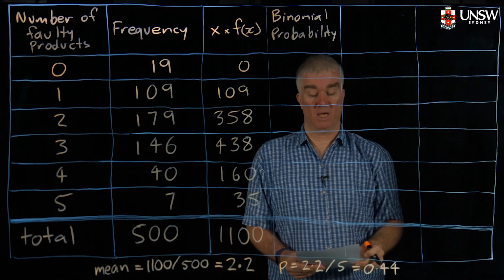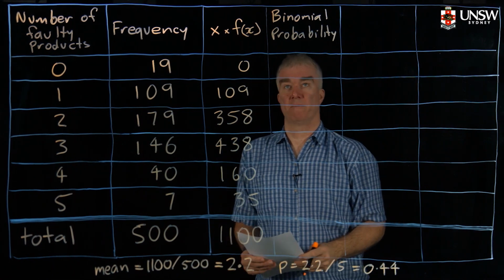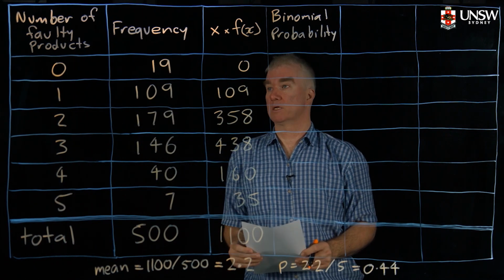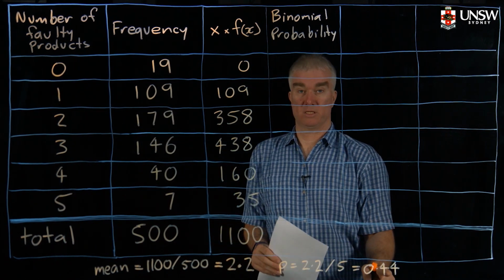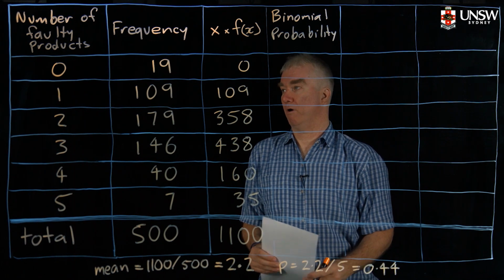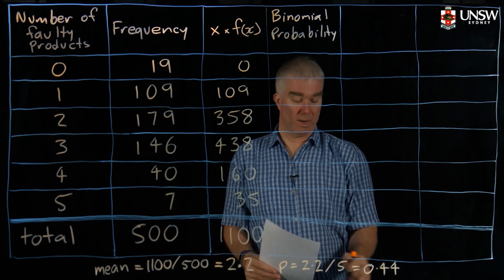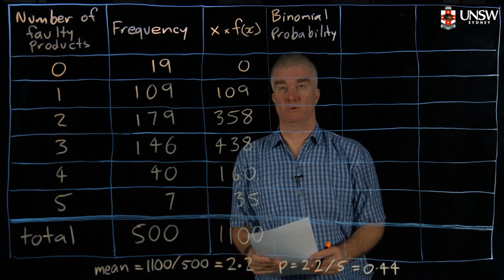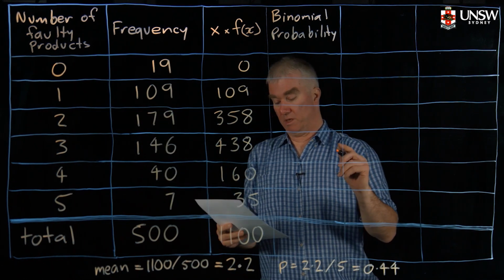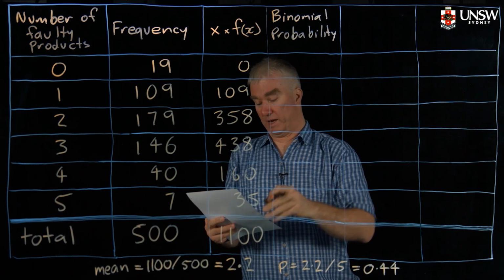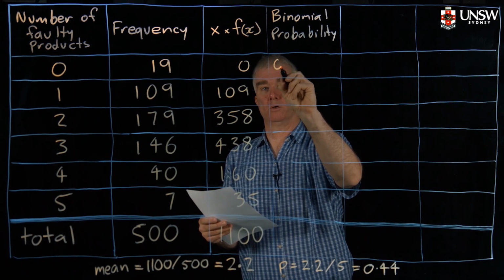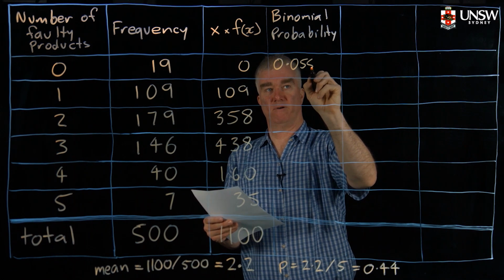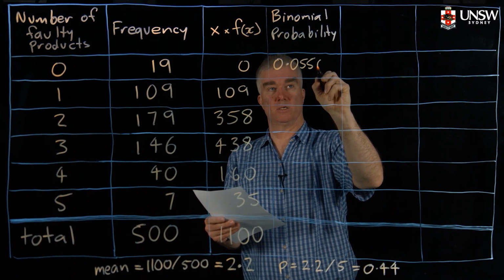It's going to be 5 choose the number of products, times p to the power of the number, times 1 minus p to the power of 5 minus the number. So, calculating this, we get 0.05507.